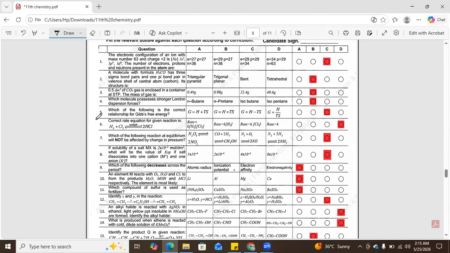So B is the right answer for this one. 0.5 decimeter cube of carbon dioxide gas is enclosed in a container at STP, standard temperature and pressure. The mass of gas is 0.98 gram. So B is the right answer for this one. Which molecule possesses stronger London dispersion forces?